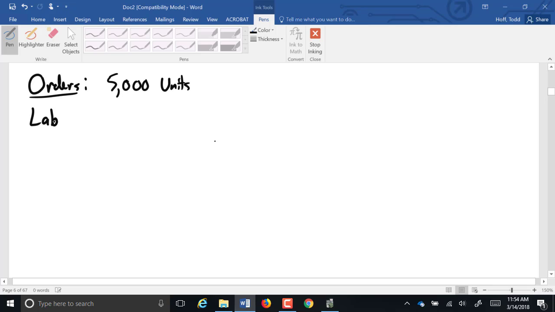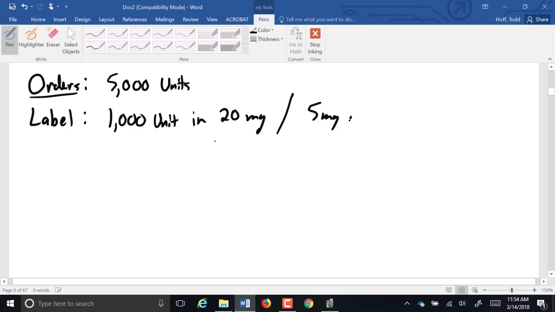So if we look at the label, and the label tells us it's 1,000 units in 20 milligrams and constituted with 5 milligrams and 2 milliliters.